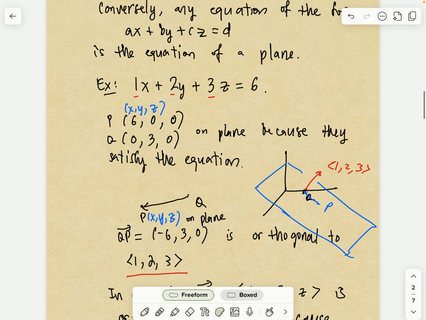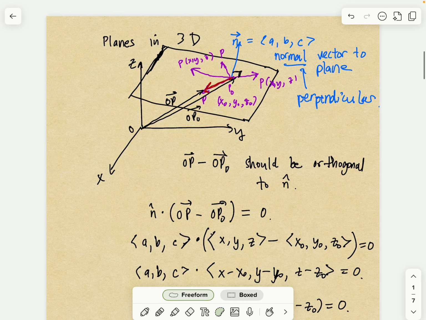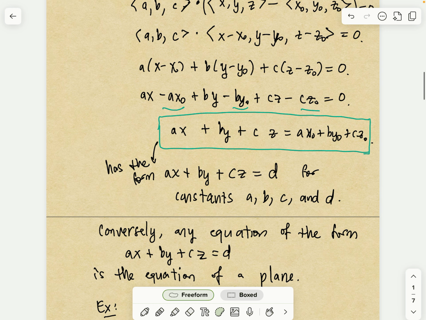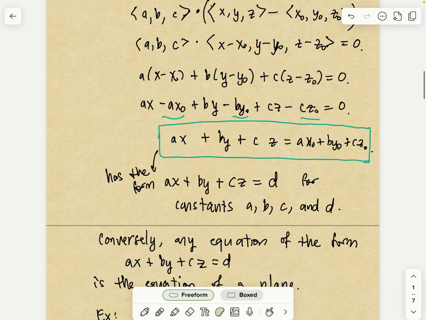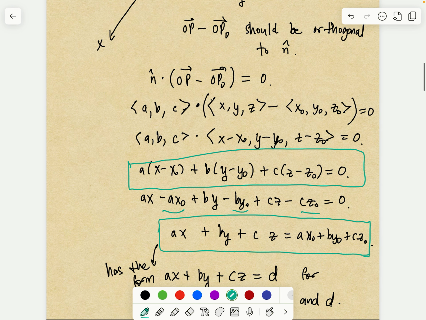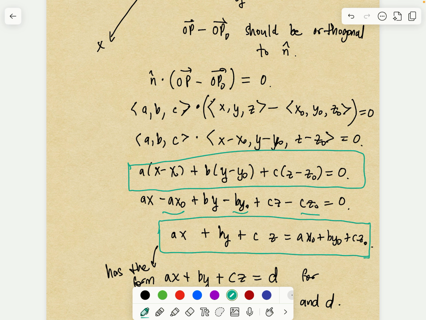So let's just review what we did. We discussed how to find an equation of a plane in three-dimensional space if you have a normal vector to the plane and a point on the plane. You can describe the points on the plane either by this equation or the equation below it. And we got that because we have this equation, the dot product.